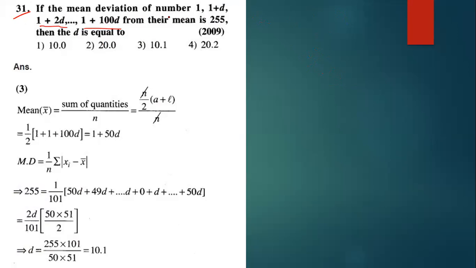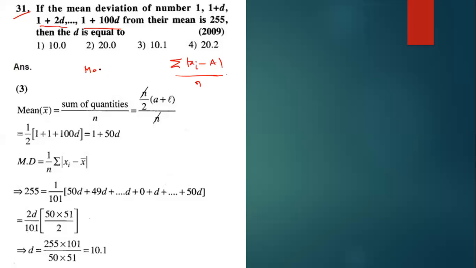So this question is based on the concept of mean deviation about the mean. What is the formula? It is sigma modulus of xi minus a, divided by n.